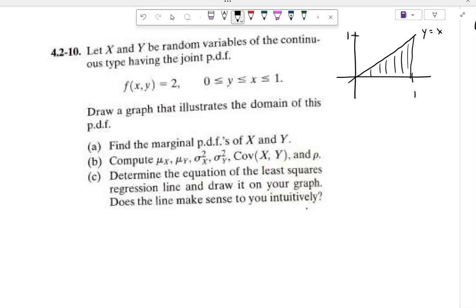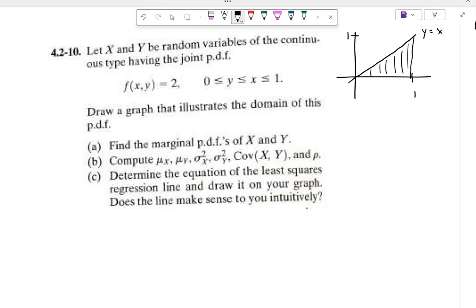First question I'll ask that's not on the paper: are x and y independent or dependent? You don't tell by looking. They're dependent because it's not rectangular, right?